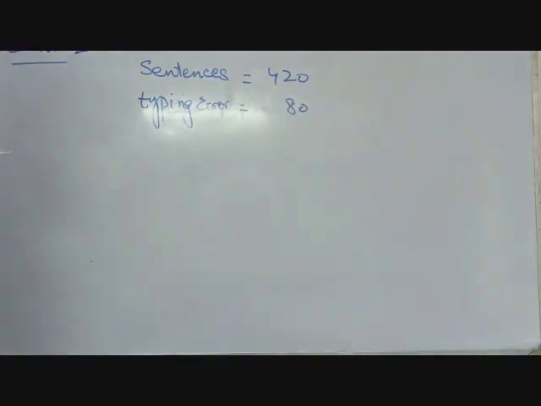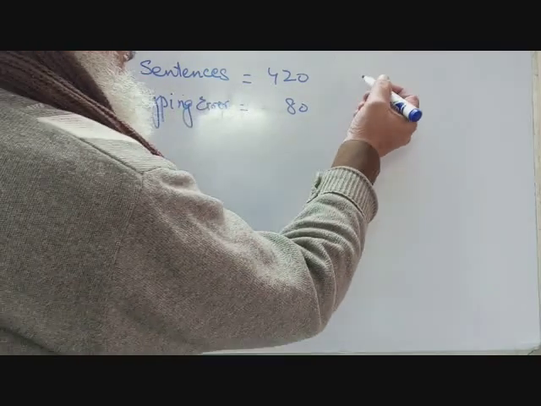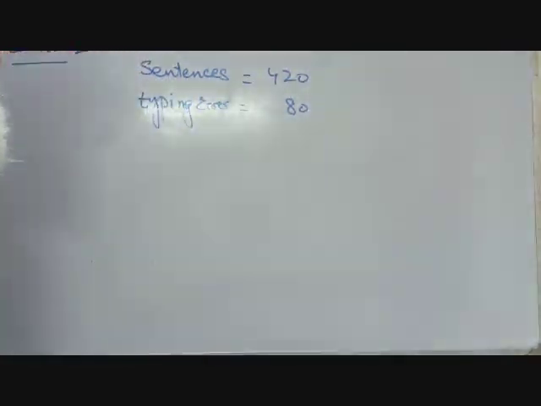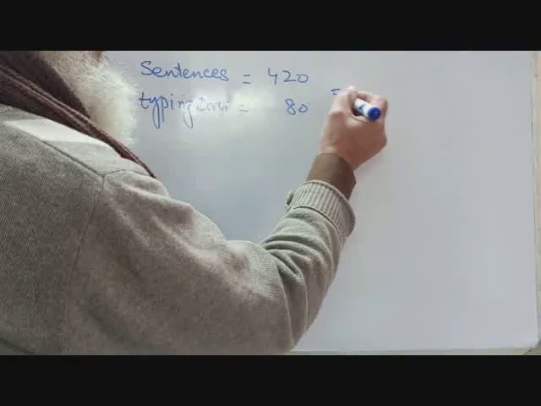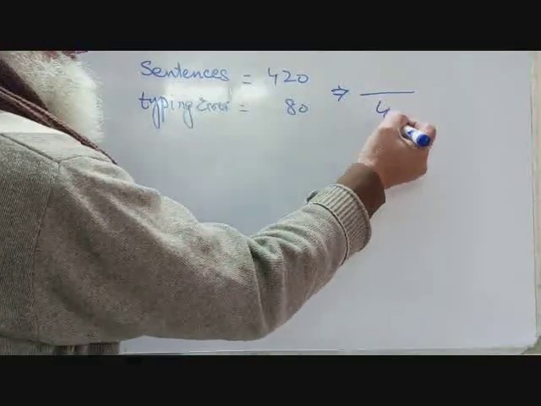There are 80 sentences which have some typing errors, some spelling mistakes, some comprehension mistakes, whatsoever it is. Because when you write an essay, you need to focus on your comprehension. So what we do here is, as I told you, we take the total in the denominator.